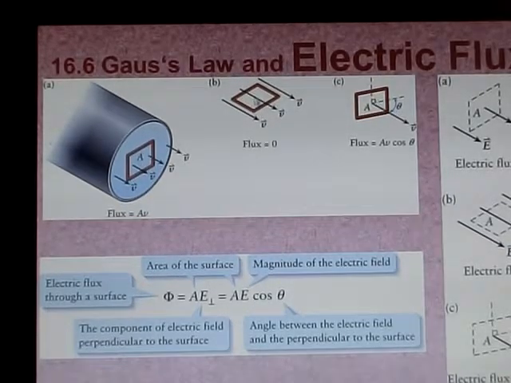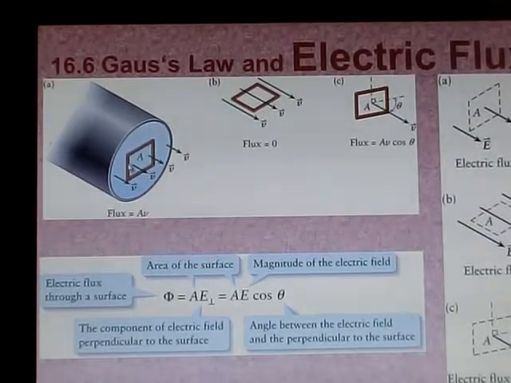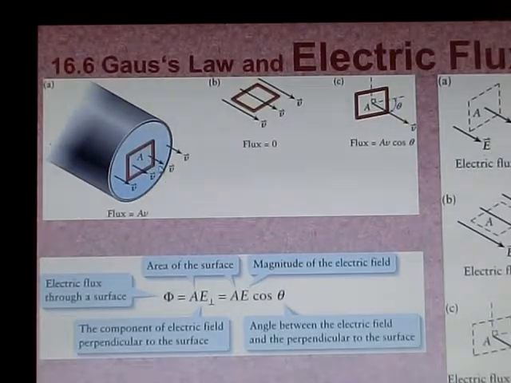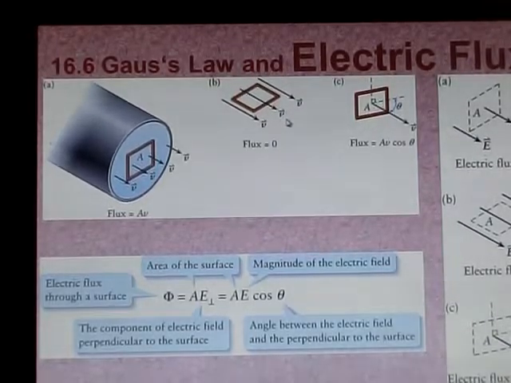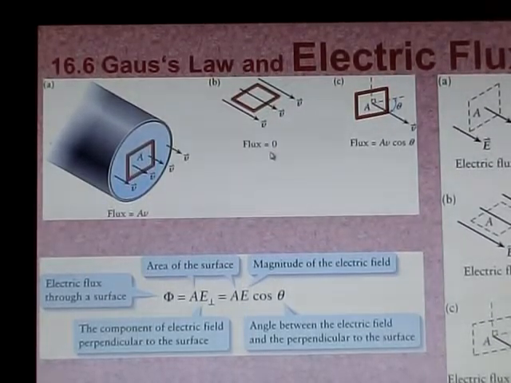It allows us to put together two quantities, the electric field and the perpendicular surface to the electric field. For example, here we have the perpendicular surface shown in brown, the brown square, and there is flux through it. But here, the brown surface is not perpendicular to the direction of the electric field, so the flux is zero.